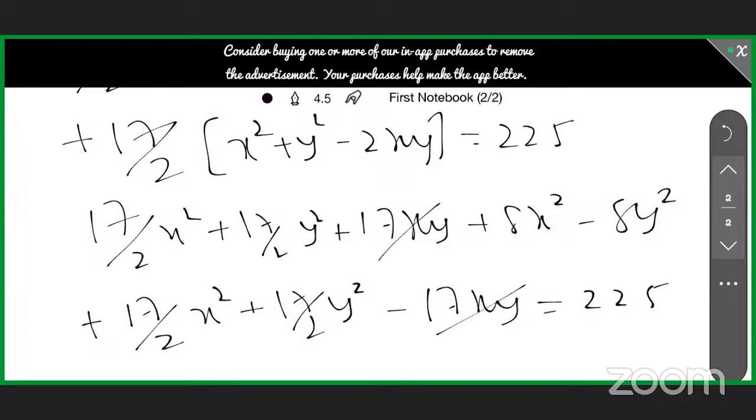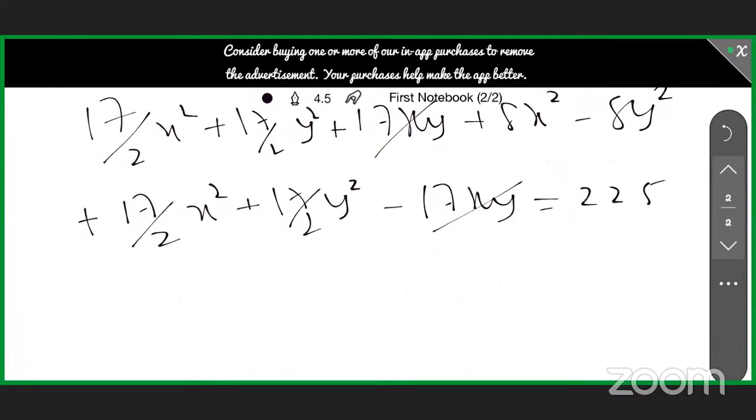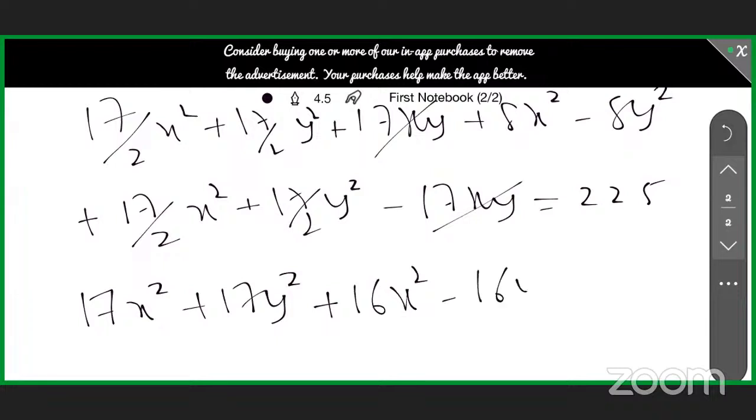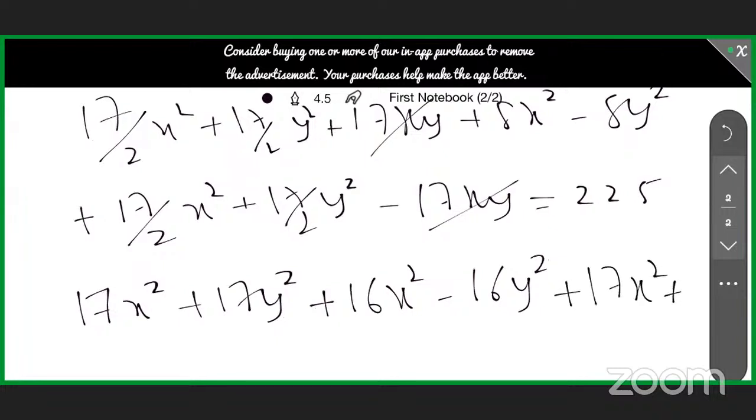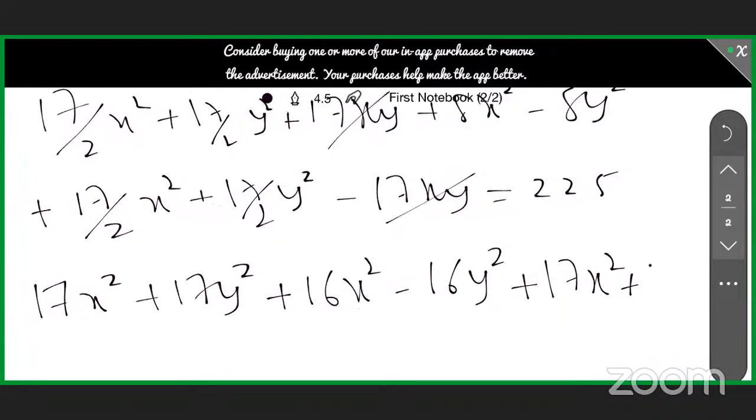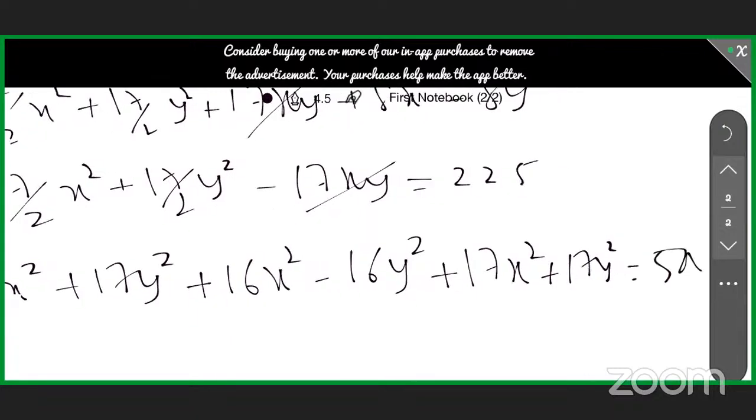Plus 17xy minus 17xy cancels. If I take LCM, it is 2. So if I cross multiply that side, it will be 17x square plus 17y square plus 16x square minus 16y square plus 17x square plus 17y square is equal to 500.